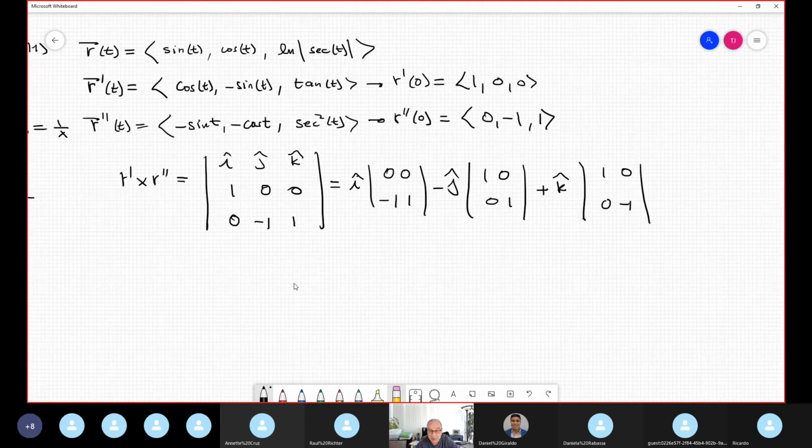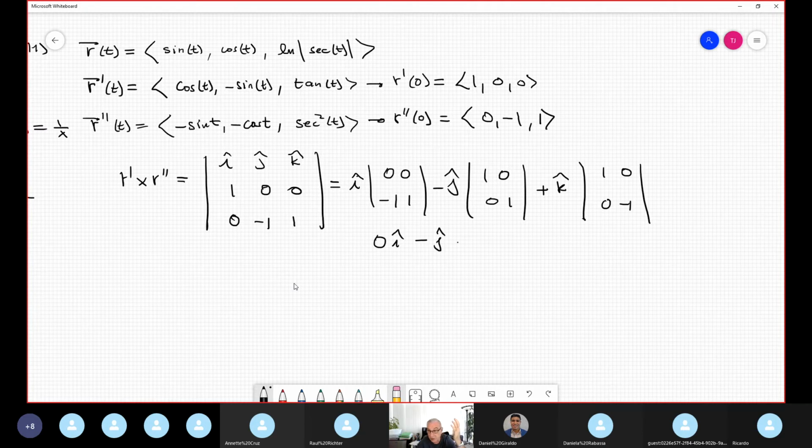Let me check it just in case I made a mistake. Yeah, it's good. When one row or column of the determinant is 0, it's obvious that the entire determinant is 0. So we have no 0i. Minus, this is 1, minus j, 1j.